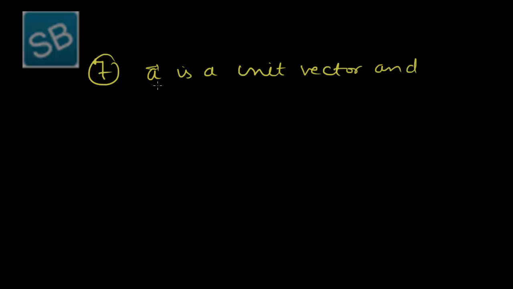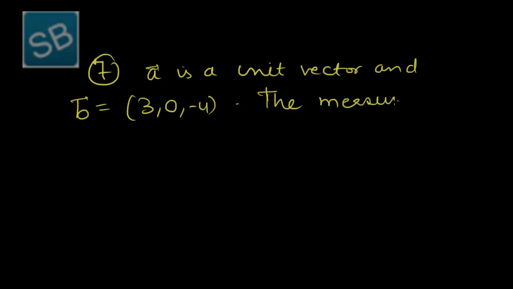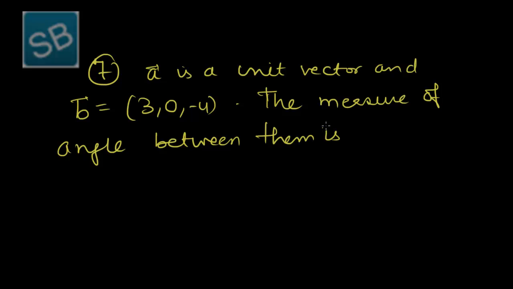Now the next problem is: vector A is a unit vector and vector B is (3, 0, −4). The measure of the angle between them is pi by 6.